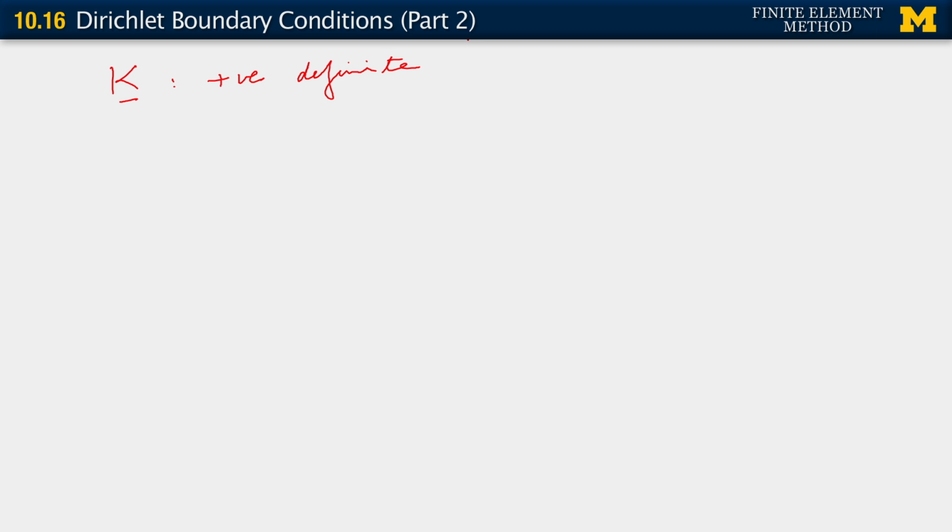What conditions make K positive definite? One of the things that makes it positive definite is that our elasticity tensor C is positive definite. Is there any other condition?